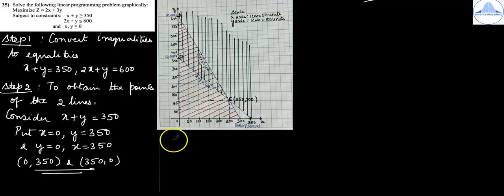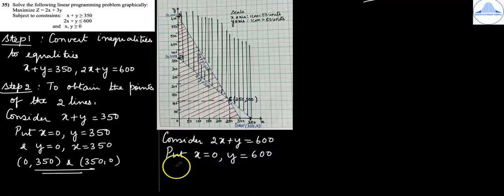Now similarly, you take the second equation. So you consider 2x plus y is equal to 600. Then you put x equal to 0. So you'll get y equal to 600.